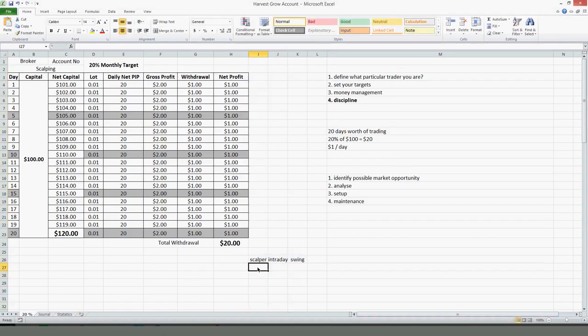Okay. So let me just reorganize this again. Sorry for that.